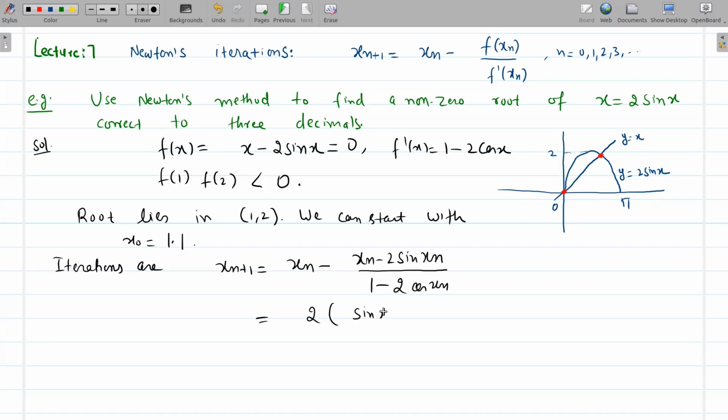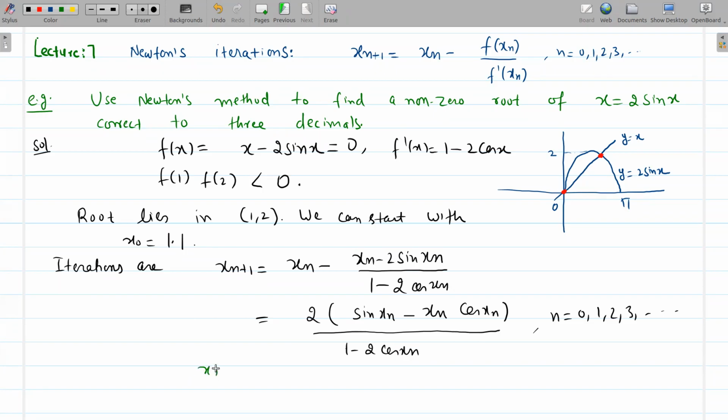After simplification, it is (2 sin x_n minus x_n cos x_n) divided by (1 minus 2 cos x_n), where n is 0, 1, 2, 3, etc. You can start with any point; I am starting with 1.1.